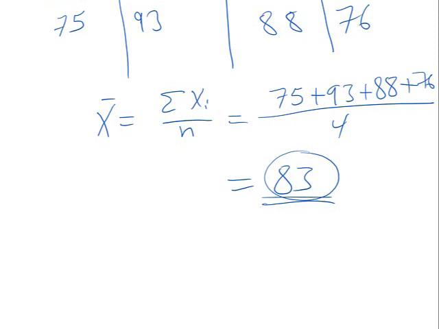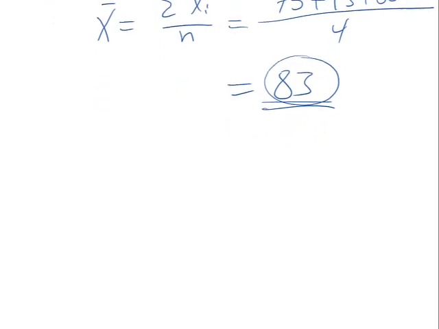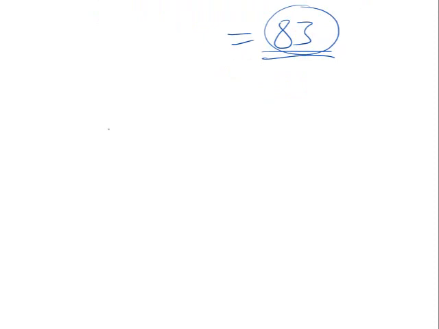So we need to take into consideration the weight of each value or each score. The type of mean that considers the weight of each value is called the weighted mean, and is denoted by x bar w.